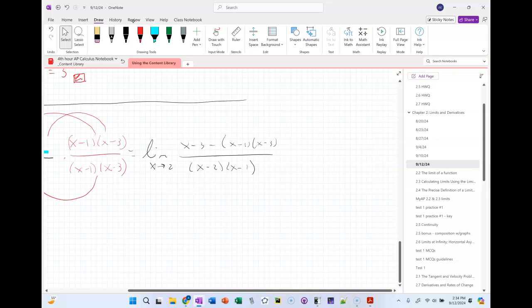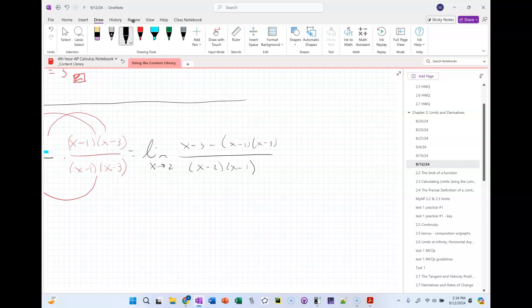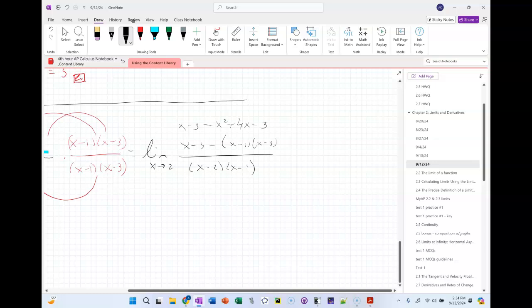Now we hold on, cross our fingers, and hope that this works out in a way that I can do the problem. So I have x minus 3 minus x squared plus 4x minus 3.